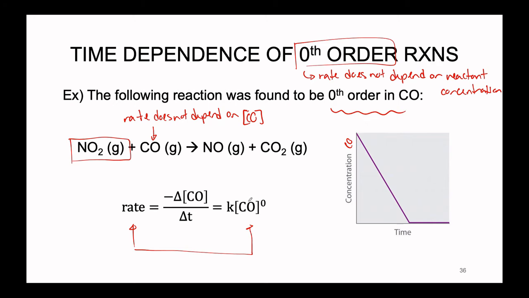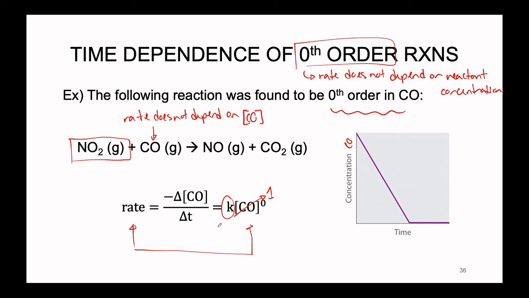And since we know that any number raised to the zero is just equal to 1, it turns out that the rate is constant, only dependent on the variable of temperature, or in this case, it would be dependent on a different reactant. But if we're not paying attention to that reactant and we want to be able to derive the concentration of our carbon monoxide as a function of time, we can go through the same steps as previously. Again, the integration actually ends up being much more simple.